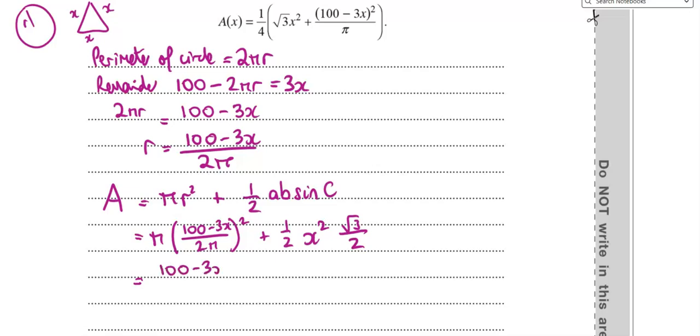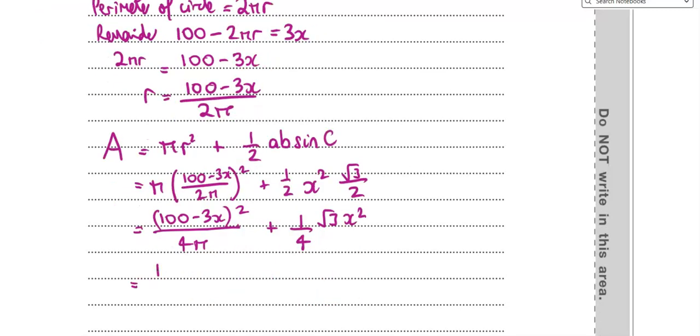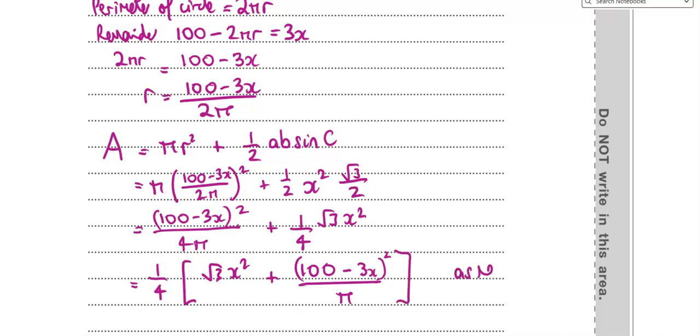I've got (100 minus 3x) all squared on 4 pi plus a quarter root 3 x squared. I can pull out that quarter and write the terms in a different order in order to get a quarter out the front of root 3 x squared plus (100 minus 3x) all squared sitting on pi, and that is as required.